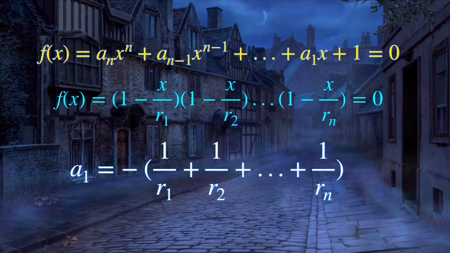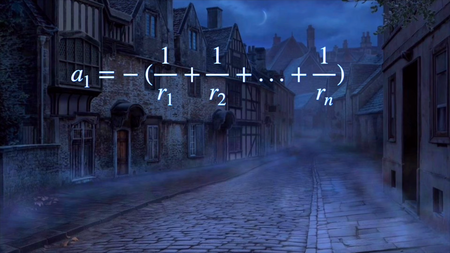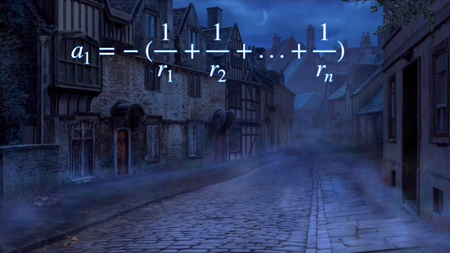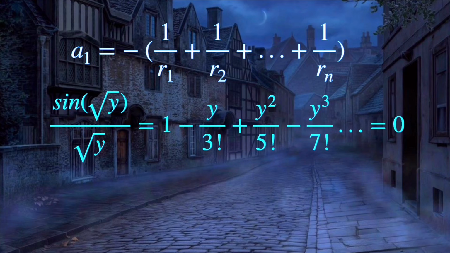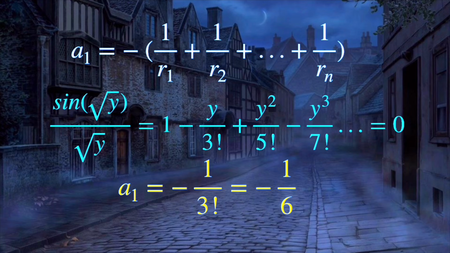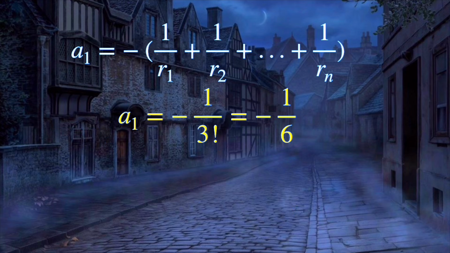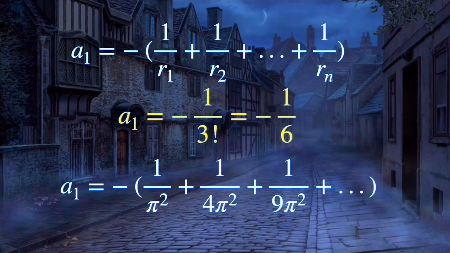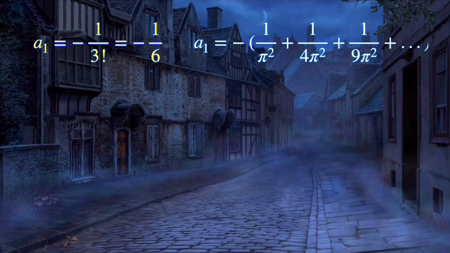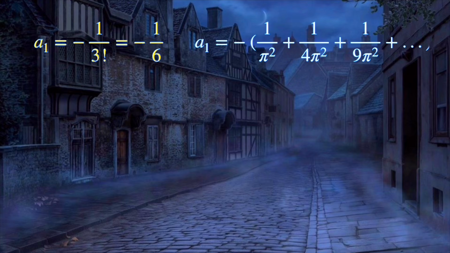And since the coefficient of x, the a1 coefficient, is the negative sum of the reciprocals of the roots, he would use the solutions to this equation and find its a1 coefficient to be negative 1 over 3 factorial, or negative 1 over 6. And this is where the magic happens, because this coefficient is also equal to the negative sum of the reciprocal of the roots of his product function.